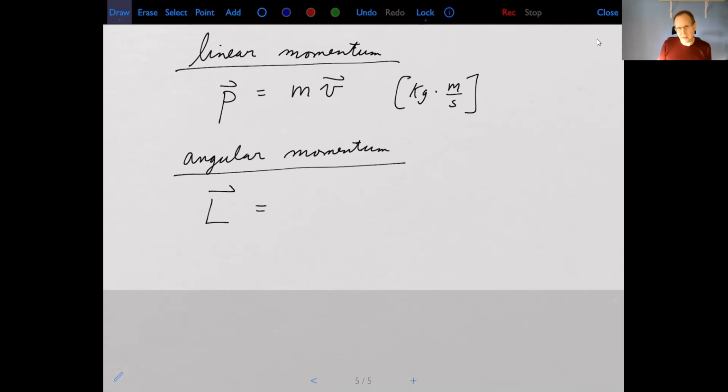Some books will use H instead of L, but in this case we'll call it L. And we can figure out this equation just by analogy again, if we think about what's analogous to our linear quantities, but for angular. What's analogous to linear velocity v, but for angles, is angular velocity. So the v sort of corresponds to our omega, which is really a vector, so we need to be careful. And remember the m, what does it correspond to in terms of rotations? It's the moment of inertia, so it's going to be I.